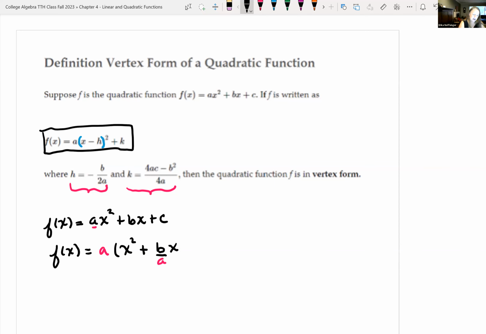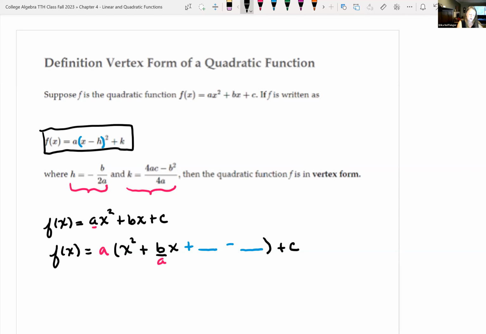So technically here, I'm going to want to add something to make this a perfect square. Normally we added that number to both sides of our equation, but in this case, we're going to think of it as adding 0. So what we added, we're going to subtract off. And let's just first do that inside the parentheses. And then we have this plus c outside.